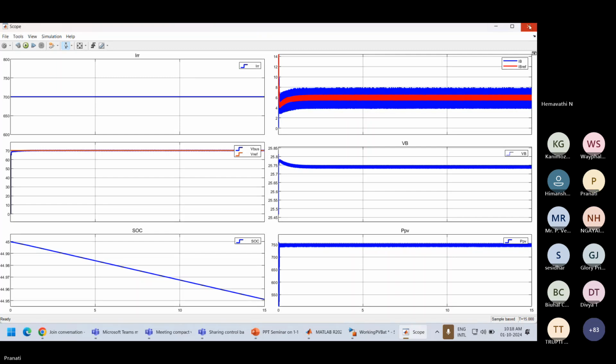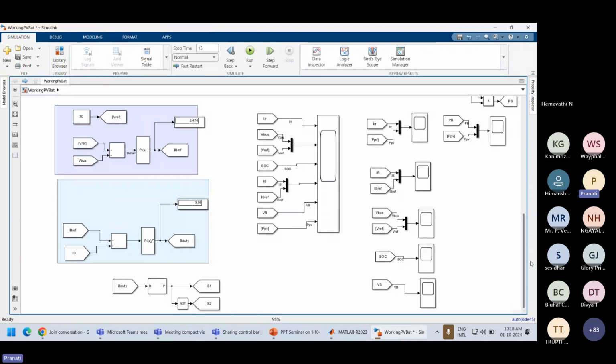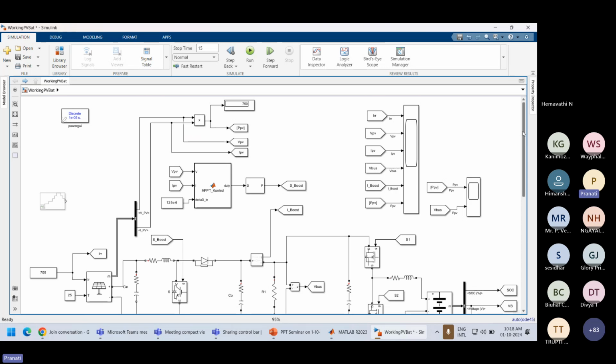Okay. Now, similarly, we can see for the individual curves also, but as you have understood, I think no need to show those changing irradiance values. Then directly we can go for this changing irradiance in steps.